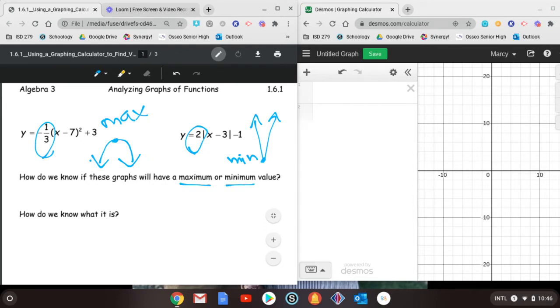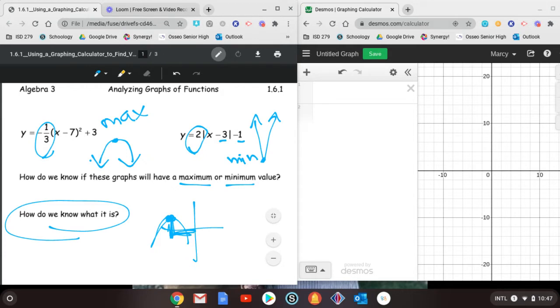Okay. How do we know what it is? That's going to be your H and K. Remember, H and K move it right and left, and up and down. So like this one, that is your H value and your K value.